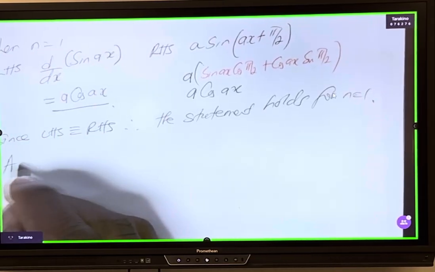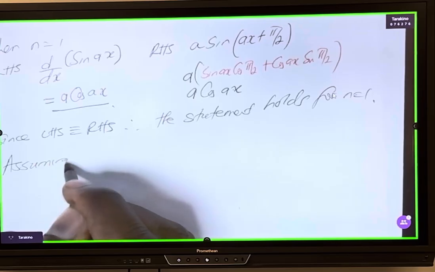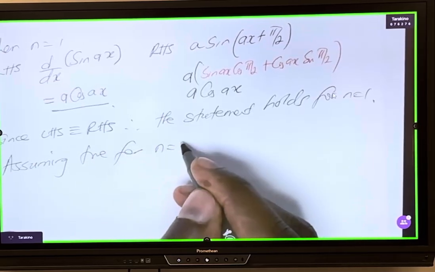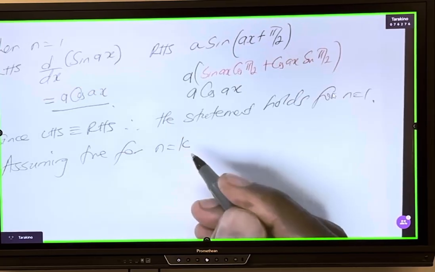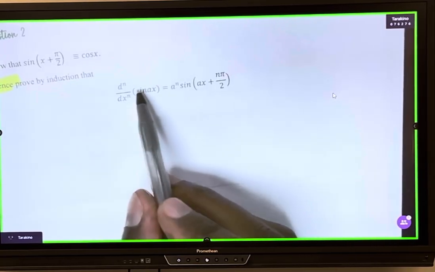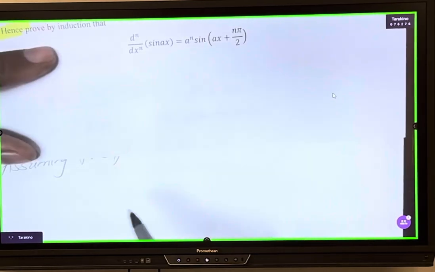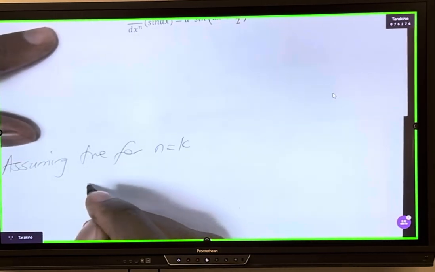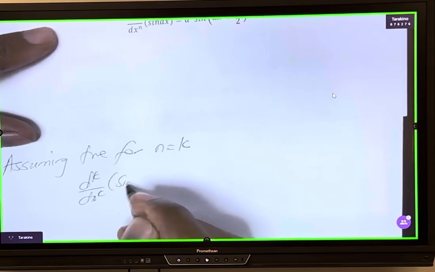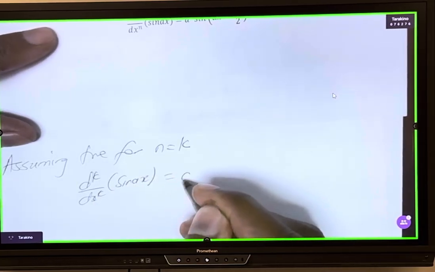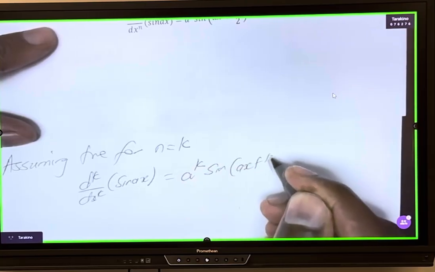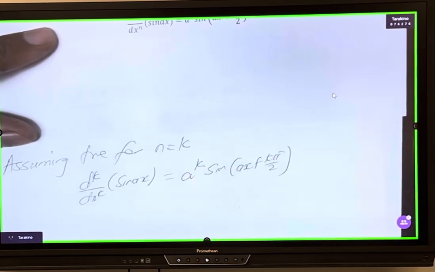Assuming true for n equal to k. When we assume true for n is equal to k, we are just replacing this n with k. So it becomes the kth derivative of sine ax is equal to a to the k sine of ax plus k pi over 2.